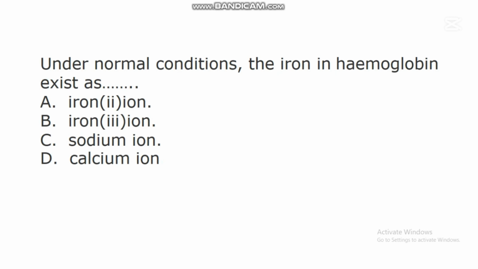In this question, the correct answer is A. Iron 2 ion. Iron 2 ion is the normal form that iron exists in the blood. So iron 2 ion is found in the blood.